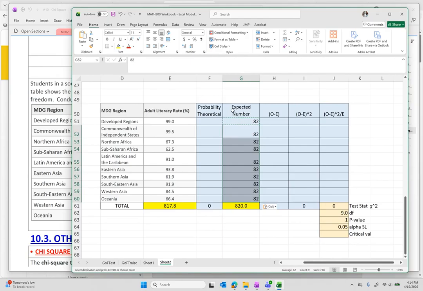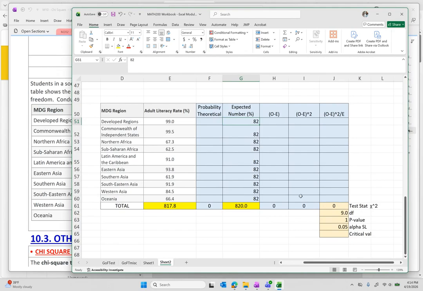So notice here that these are percentages, but they are written in percent. And therefore, as an expected number, I will assume that the units here are also percentages, but I will write them in percentages. And the totals are pretty similar. 820 is the expected and 817.8 is the actual.